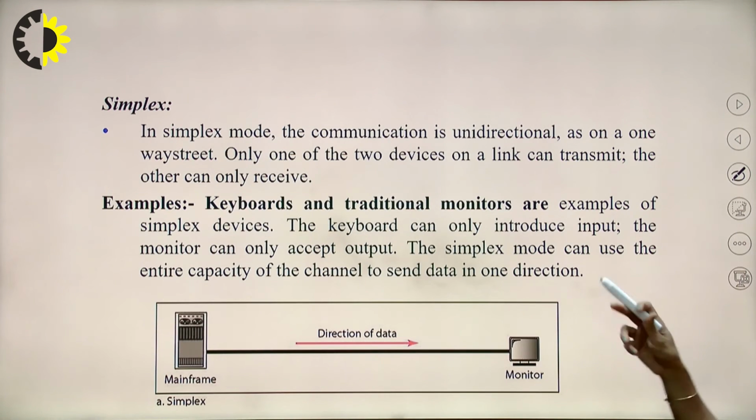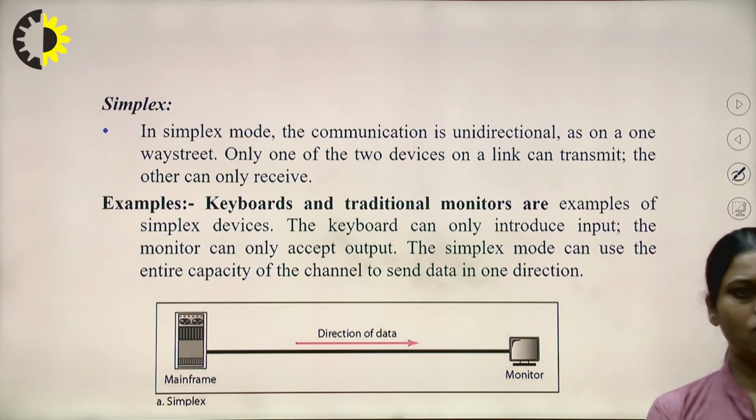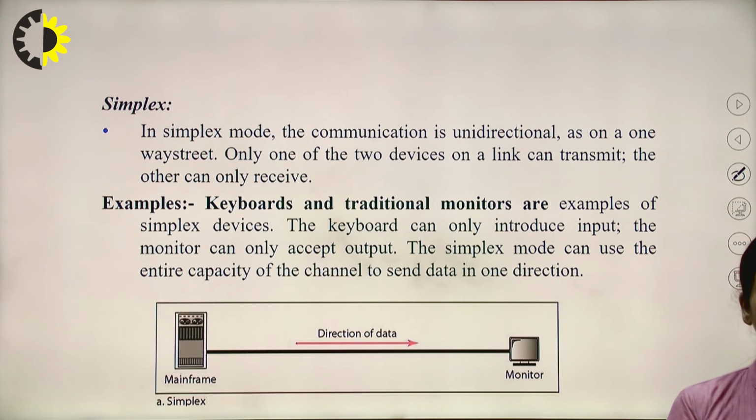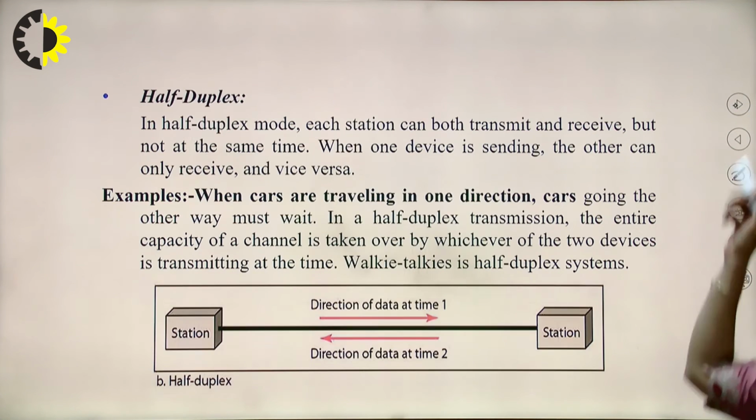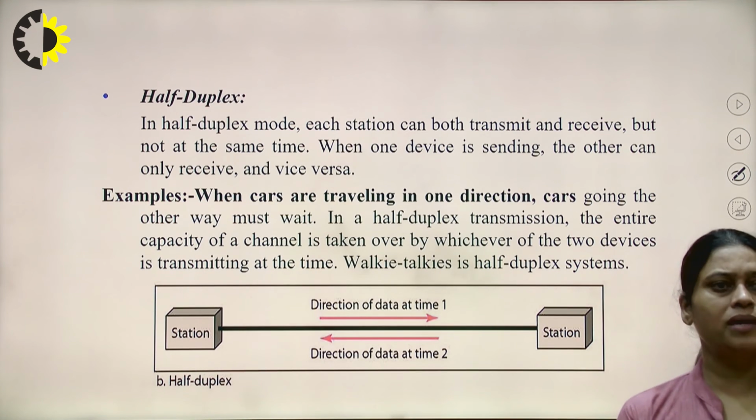So, this is the description of all the modes which I have already discussed. In simplex mode, the communication is unidirectional; only one device can send the data and the other device can receive the data. Examples like keyboard and traditional monitors are examples of simplex devices. Now we come to the other mode, that is half duplex mode.